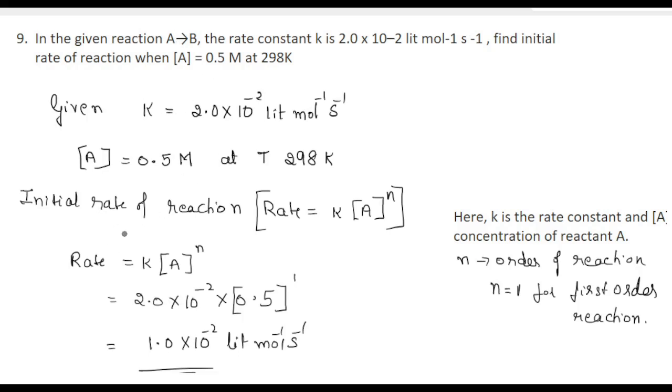So the formula for initial rate of reaction is rate equal to K into A to the power n. n is the order of the reaction. So here order of the reaction is 1, n equal to 1. We know the value of K. We know A, value of A is 0.5. So 2.0 into 10 to the power of minus 2 into 0.5 and n is 1.